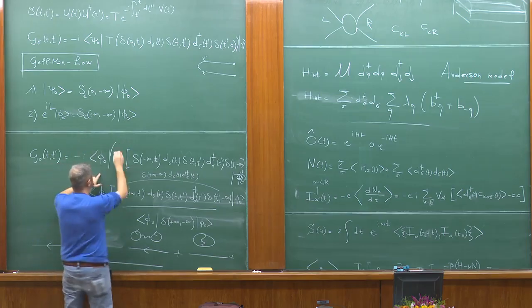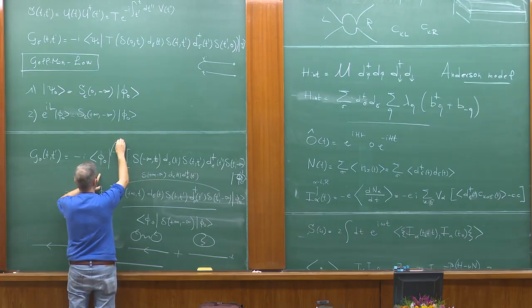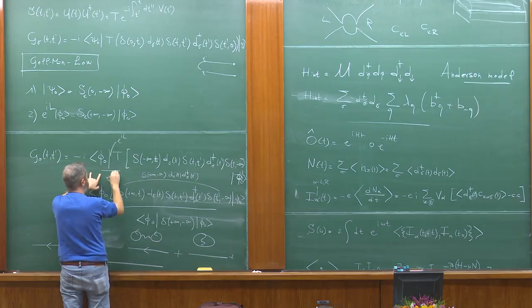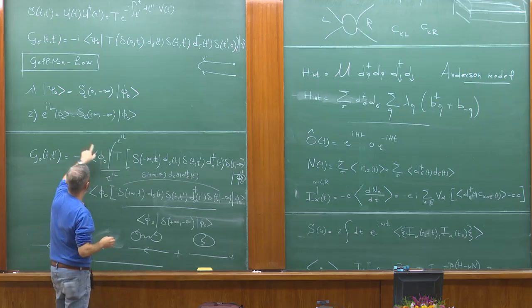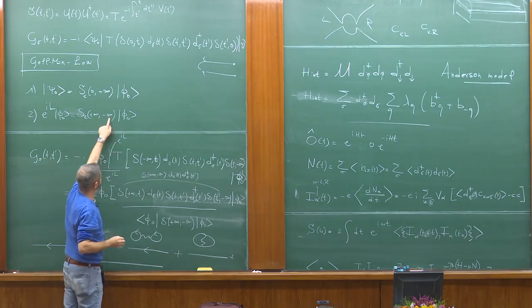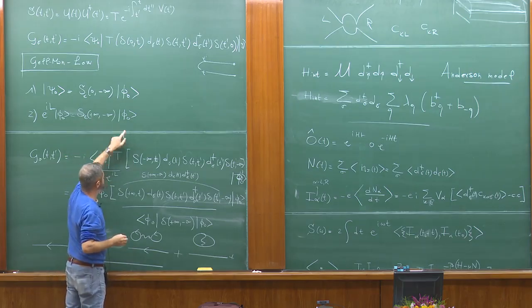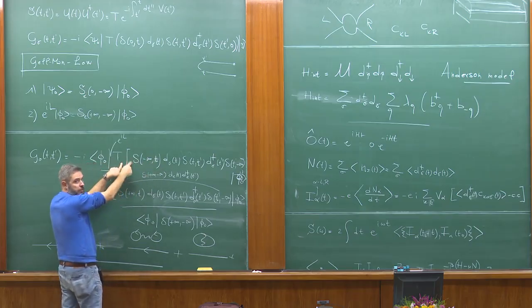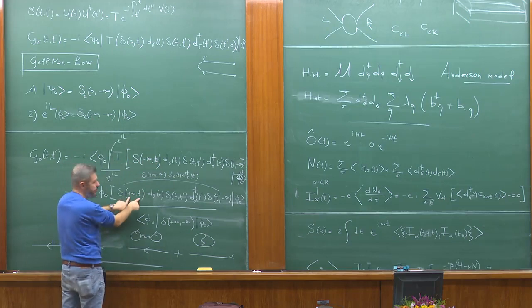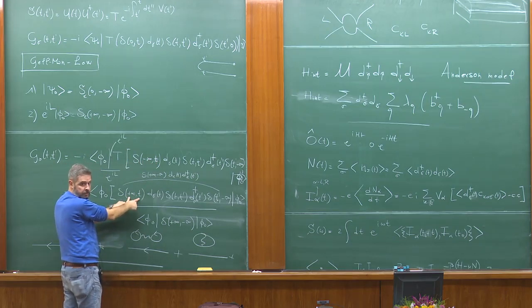So here I have e to the iL, and then I divide by e to the iL. You see that e to the iL times this is equal to S plus infinity minus infinity over this. And then I multiply by this. It goes from t to minus infinity and then from minus infinity to plus infinity, and that's what I get. Okay, clear?